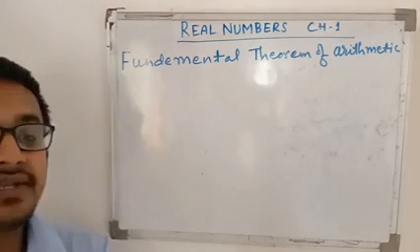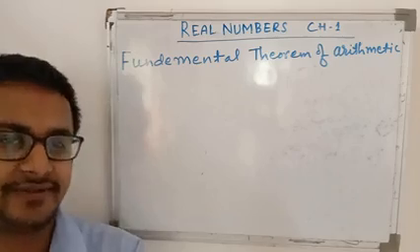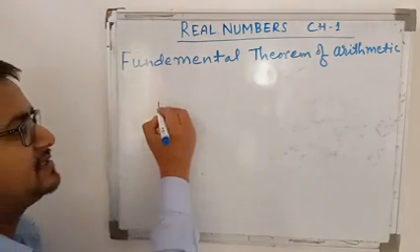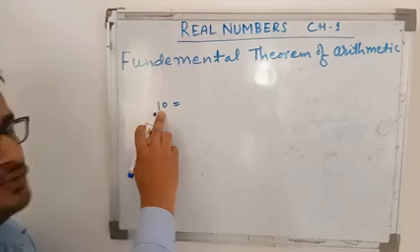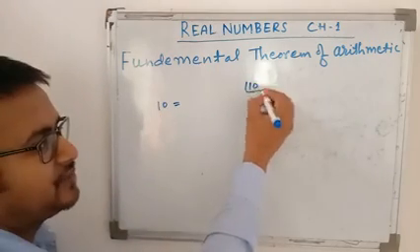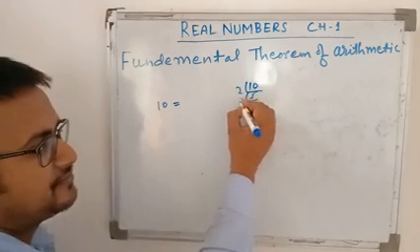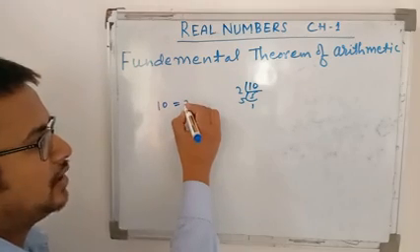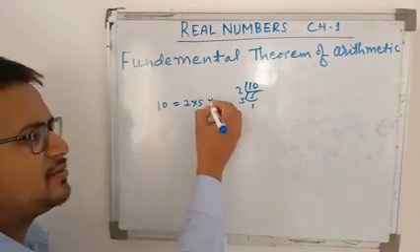Composite numbers are the numbers which have more than two factors. For example, 10 is a composite number. Why? Because you take the prime factors of 10: 2 into 5, and you can write 1 also.